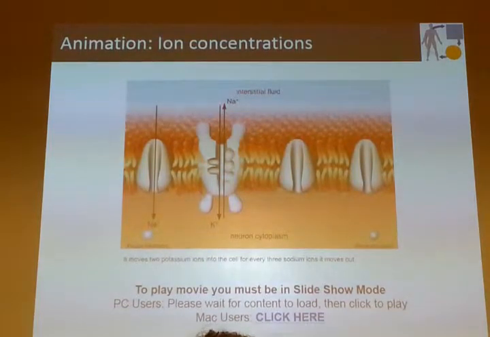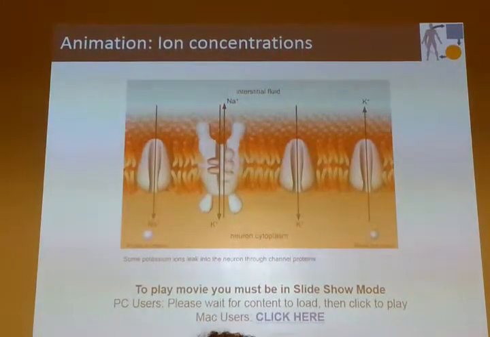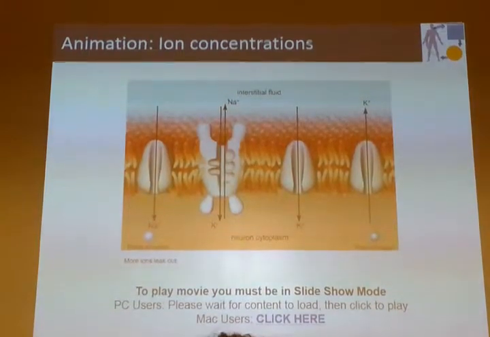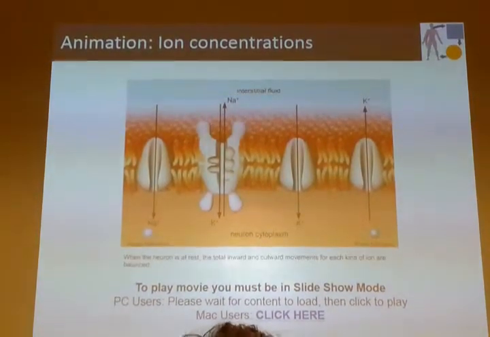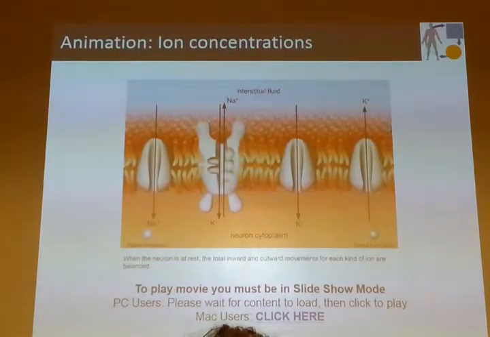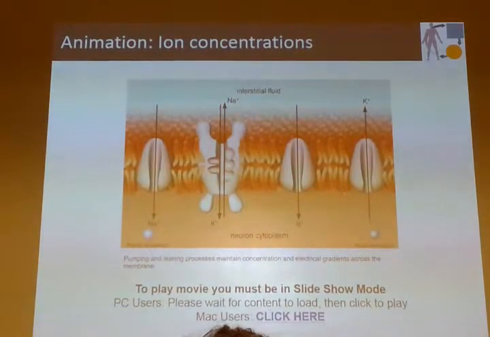It moves 2 potassium ions into the cell for every 3 sodium ions it moves out. Some potassium ions leak into the neuron through channel proteins. More ions leak out. When the neuron is at rest, the total inward and outward movements for each kind of ion are balanced. Pumping and leaking processes maintain concentration and electrical gradients across the membrane.